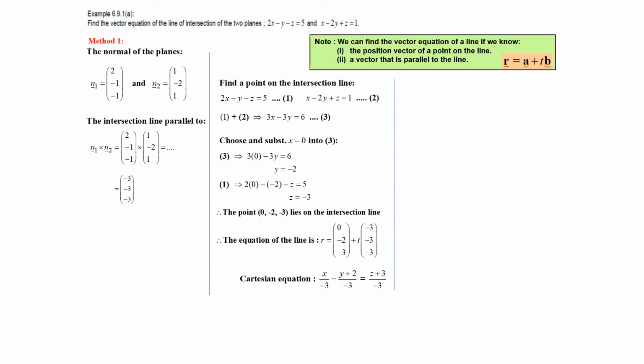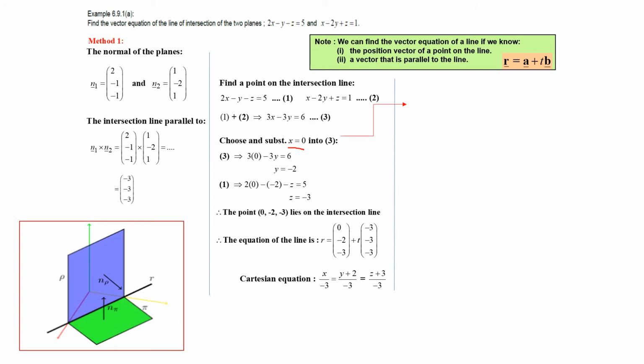Just now I said you can choose any point, not necessarily x equal to 0. Let's say I choose x equal to 1, then we see what the result is. You take x equal to 1, substitute back into equation 3, and you get y equal to -1. Then you substitute these two values into either equation 1 or 2, and you have z.